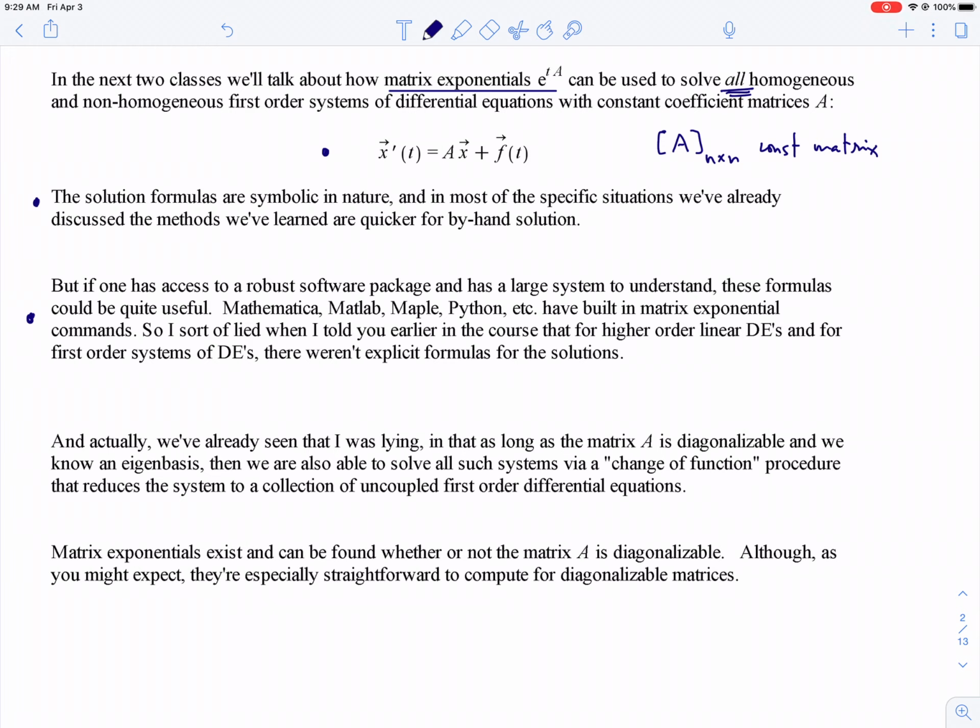Even Wolfram Alpha will compute matrix exponentials. I don't think it'll do these formulas, but it will compute matrix exponentials.